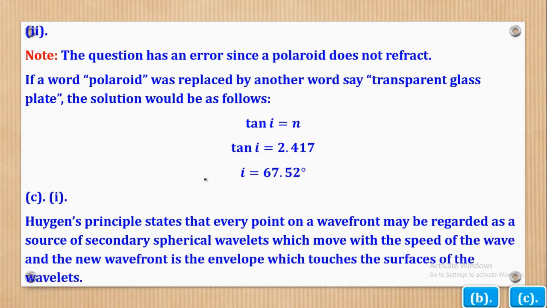So you say that Huygens principle states that every point on a wave front may be regarded as a source of secondary spherical wavelets which move with the speed of the wave, and the new wave front is the envelope which touches the surfaces of the wavelets. And that is how marks would be awarded. So here we wouldn't award because of this word Polaroid.